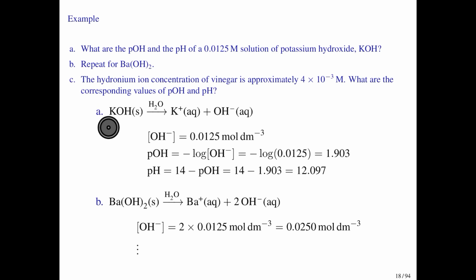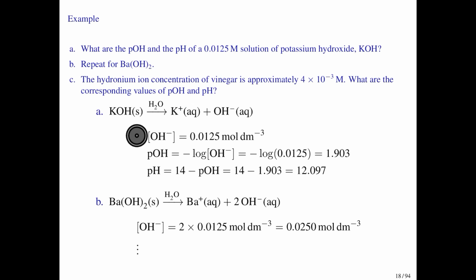For every mole of potassium hydroxide that dissolves, you are going to get 1 mole of hydroxide. And since potassium hydroxide is a very strong base, if the concentration of potassium hydroxide is 0.0125 moles per liter, then the concentration of hydroxide will also be 0.0125 moles per liter.